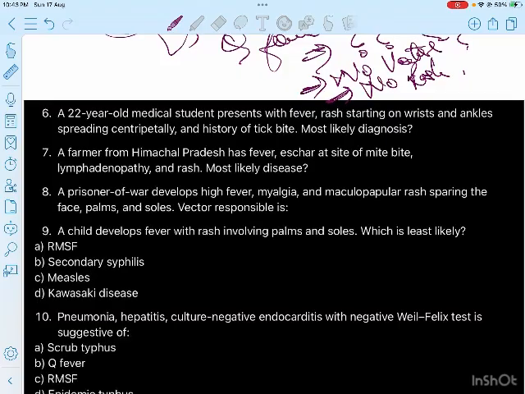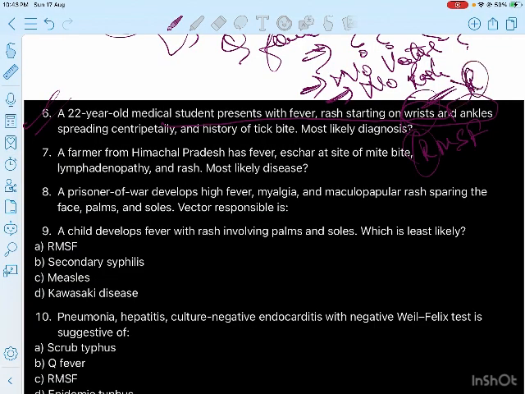Now moving on to the 6th question. It is saying that a 22-year-old medical student presents with fever, rash starting on the wrist and ankle. I made you remember it like that, that in Rocky Mountain spotted fever, R for R, wrist is how it is pronounced as R, so you can remember it like that also.